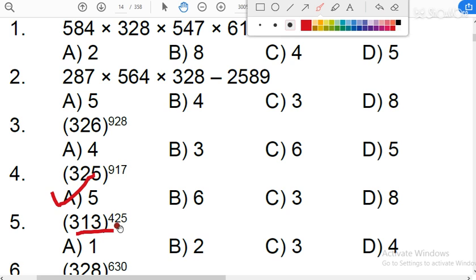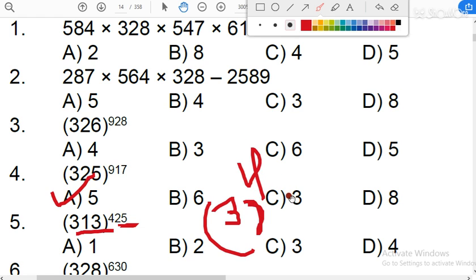313 raised to the power 425. Students, this one is interesting. Students, remember 3 raised to the power 4 will give me 1 at the unit place, because 3 raised to the power 4 is 81. So how to solve this question?